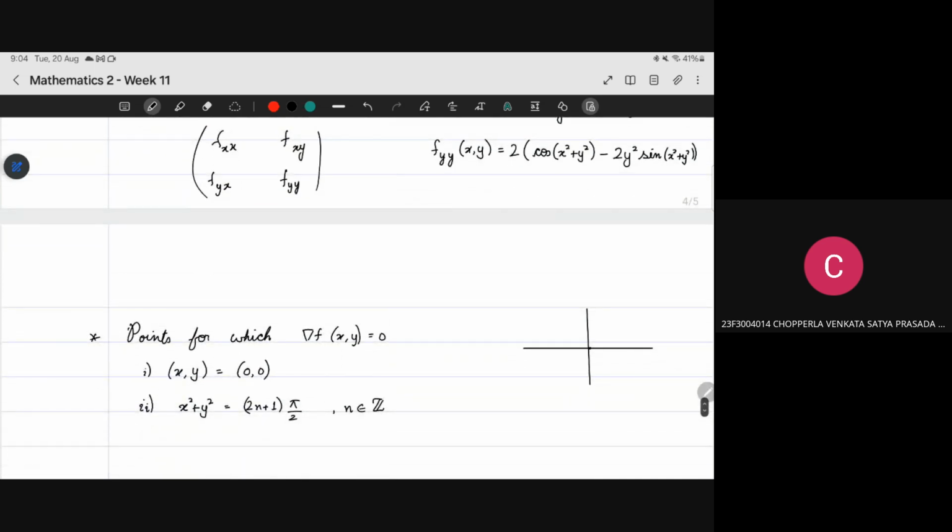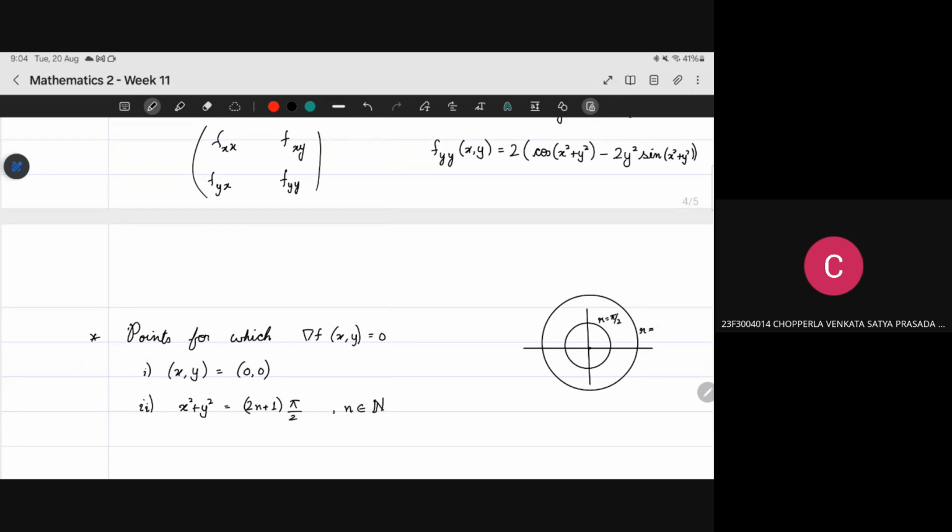So your critical points are the origin, then you have a circle at r is equal to pi by 2. This is actually only positive multiples, so you can just call it this. And your critical points come in circles. This is like r. By r, I mean the length of the vector.